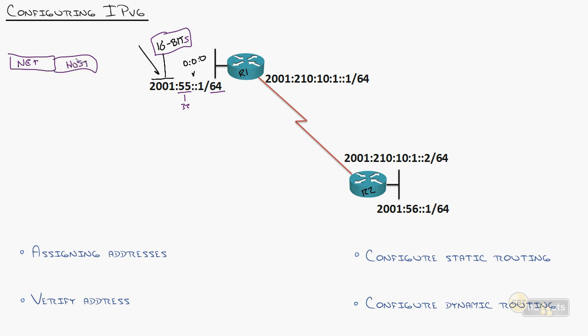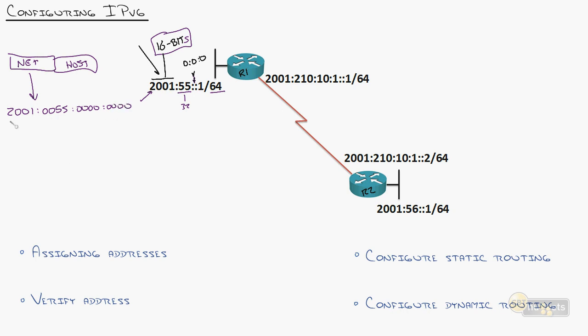So when I'm trying to identify the network for this, I'll go, okay, I've got 32 bits and then a whole bunch of zeros that have vanished behind those double colons. So my network must be, if I were to write it without any shortcuts, it would look like this: 2001:00:00:00:00. That would be my network.